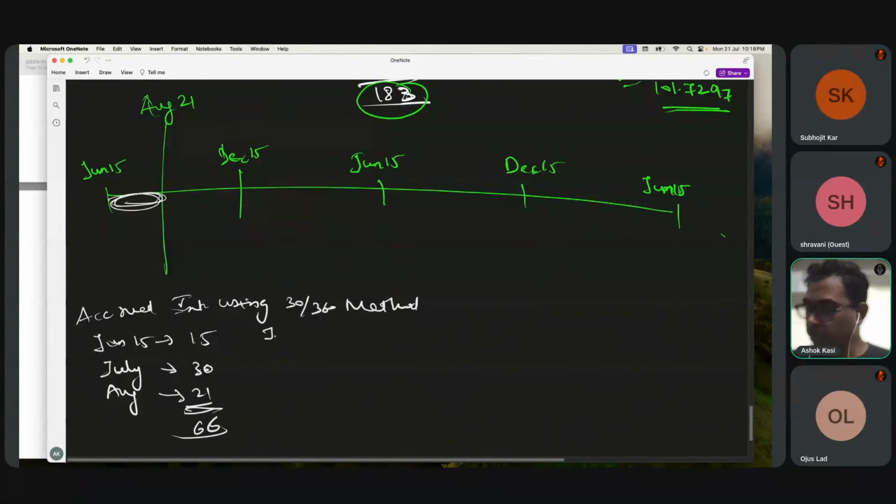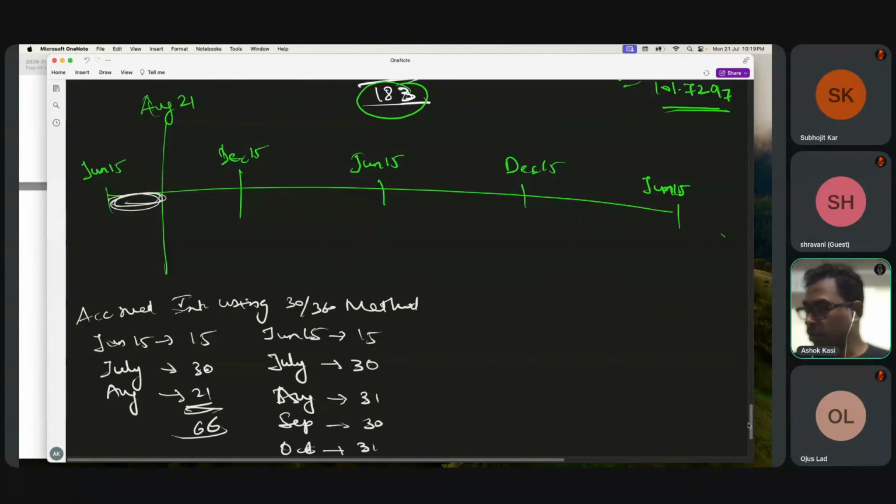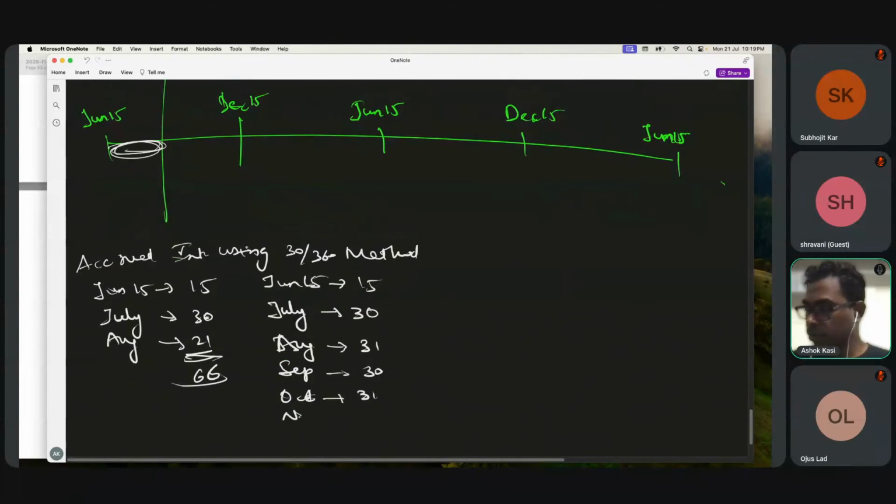And total number of days: from June 15 it will be 15, July will be 30, August 30, September 30, October 30, November 30, December will be 15.